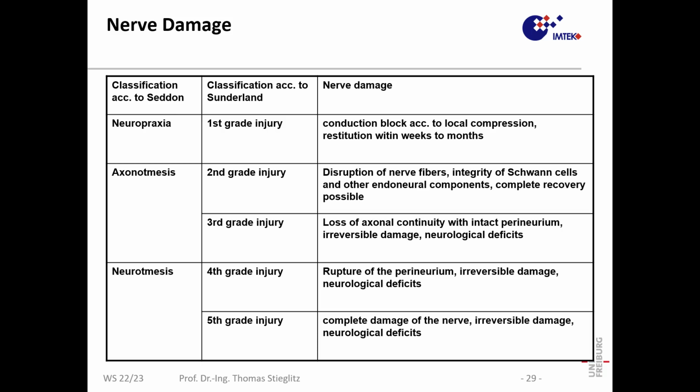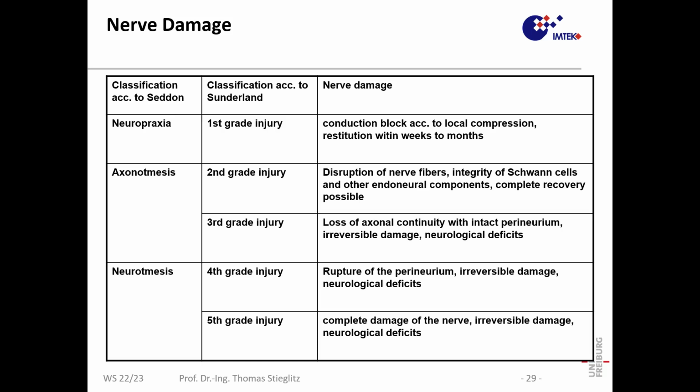If you lost the axonal continuity, but the perineurium, that means the cell structure around those nerve fiber bundles, is still intact, you have an irreversible damage, and some neurological deficits may remain, but they are more confined in regeneration, the nerve cells.